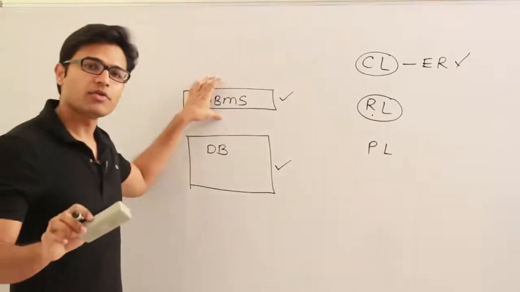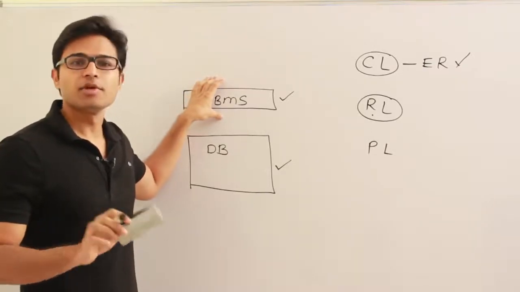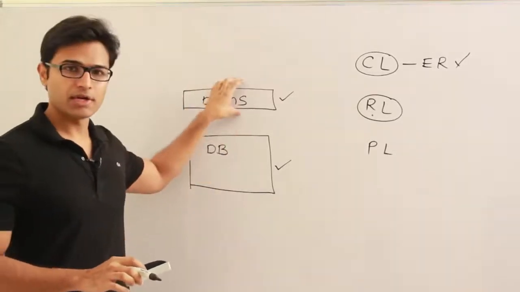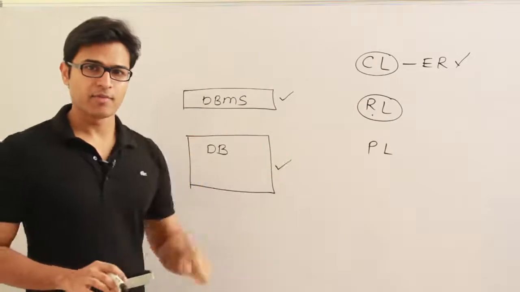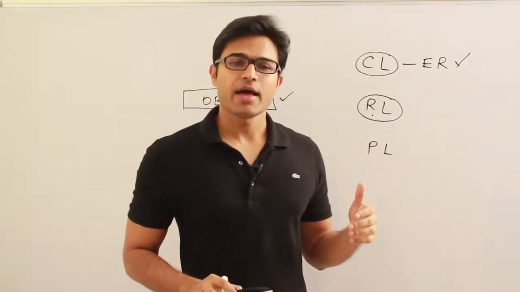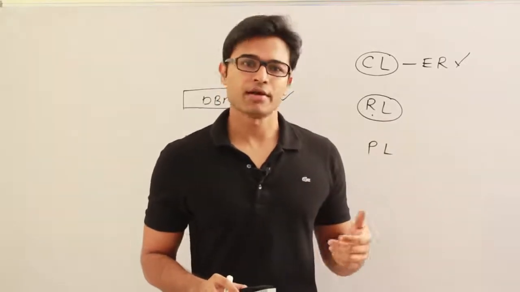Either you can write the software on your own, right, but it's going to be very hectic. That is why people just design the database and then take a database management system available in the market. Generally there are various open source database management systems available, as well as commercial database management systems available, like IBM provides and TCS provides.